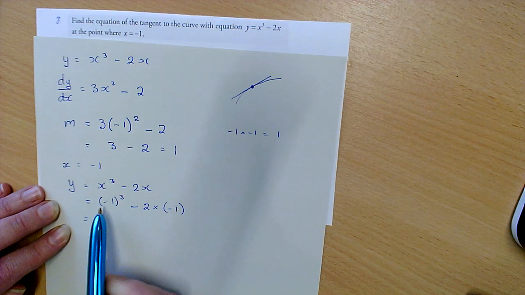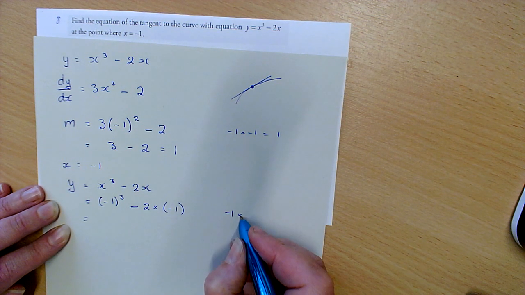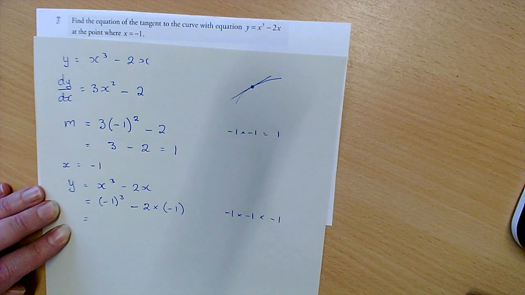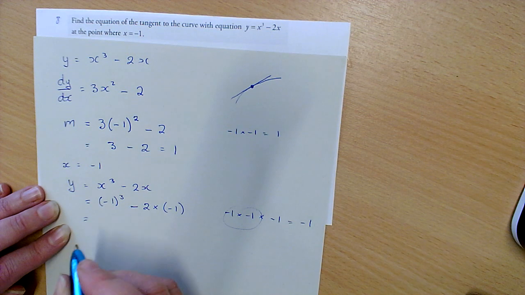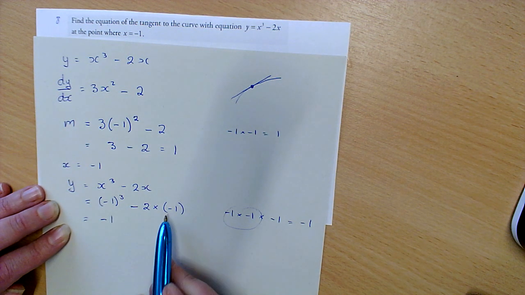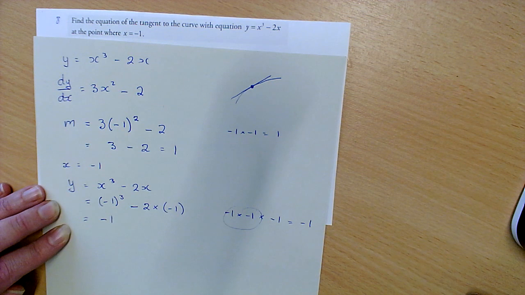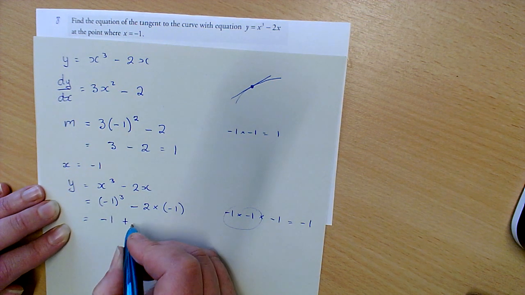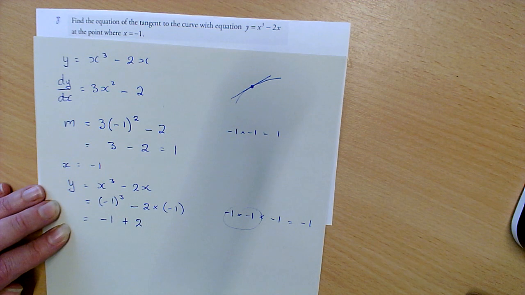Okay, (minus 1) cubed is minus 1 times minus 1, which is 1, times minus 1, which gives us negative 1. Then negative 2 times negative 1, the signs are the same, so you get a positive, and 2 times 1 is 2. Negative 1 plus 2 is 1.